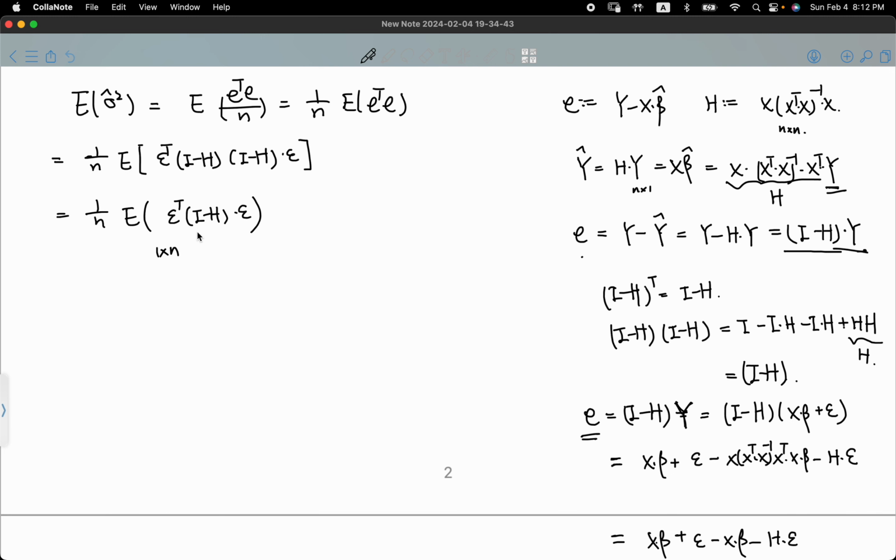So this is a 1 by n after transpose, n by n, and n by 1. So this thing is essentially a scalar. One thing we can do when we see a scalar inside an expectation is to add the trace.